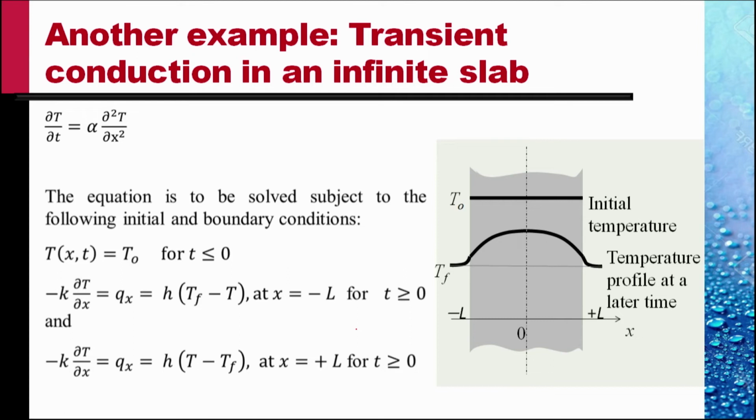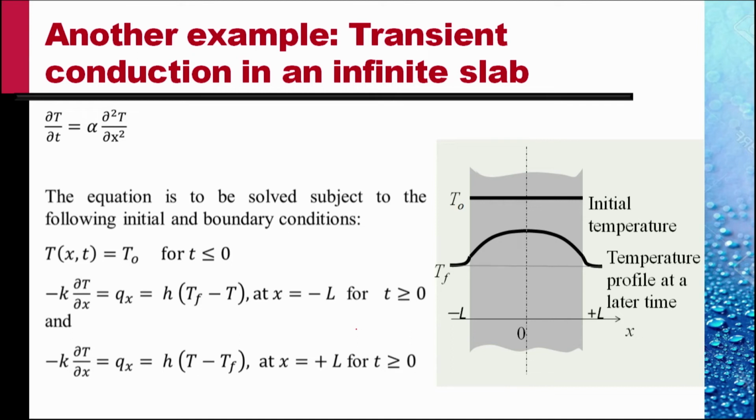Then at time t when heat transfer to the ambient fluid is permitted, we have the heat flux conditions at the two ends. Minus k dT by dx is the heat transfer within the slab material at x equal to minus L, and this should be equal to h times Tf minus T, the fluid temperature minus the slab temperature at the interface at x equal to minus L, for t greater than or equal to 0.